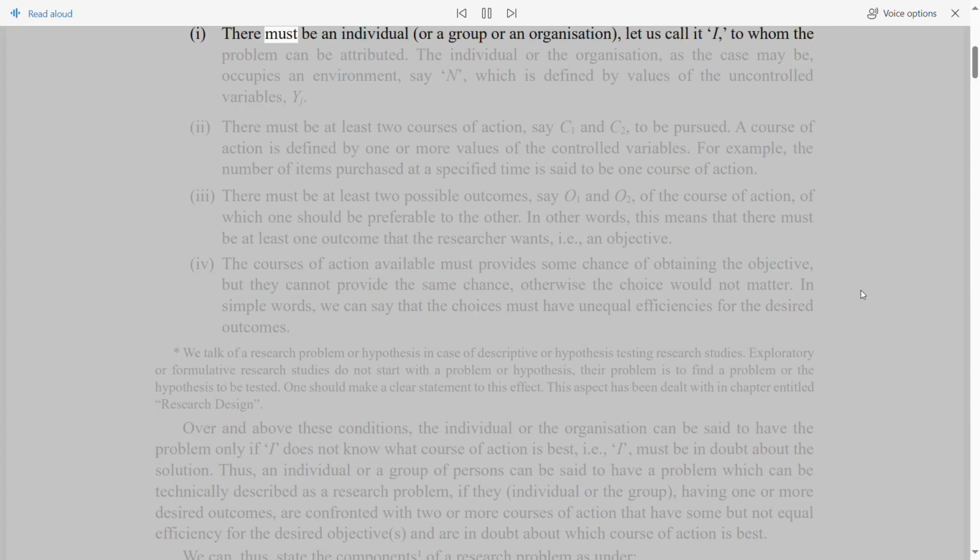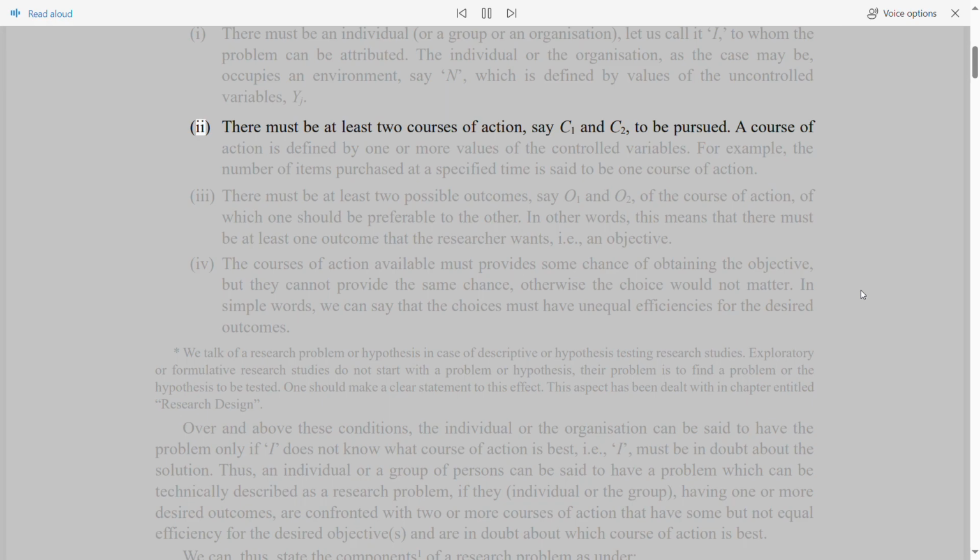There must be an individual, or a group or an organization, let us call it I, to whom the problem can be attributed. The individual or the organization, as the case may be, occupies an environment, say N, which is defined by values of the uncontrolled variables, Yj.